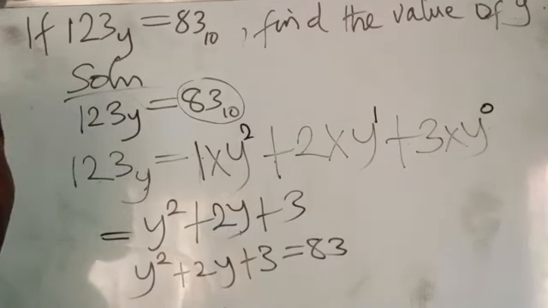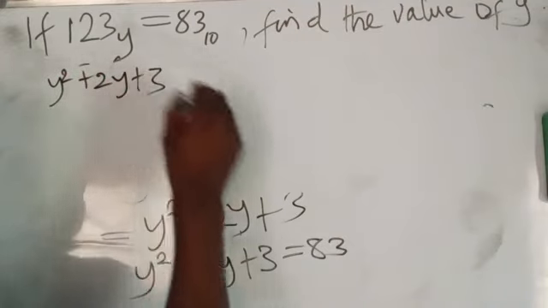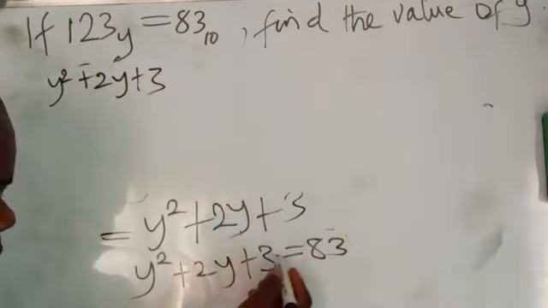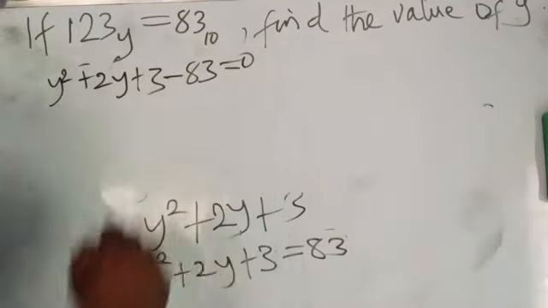You write y square plus 2y plus 3. Now let this 83 come to this side. Then it becomes minus, because it was plus here. So it becomes minus 83 equal to 0.